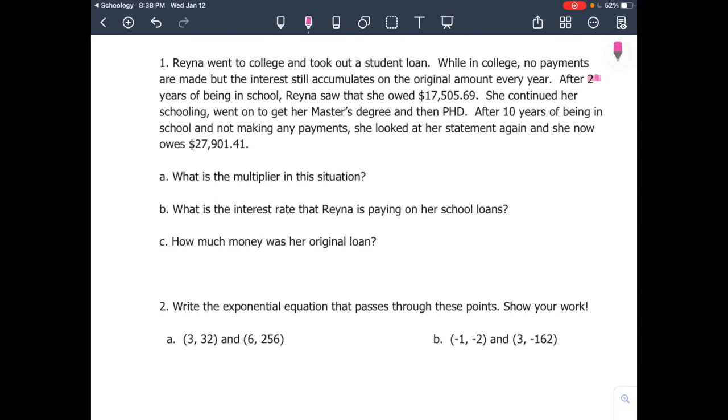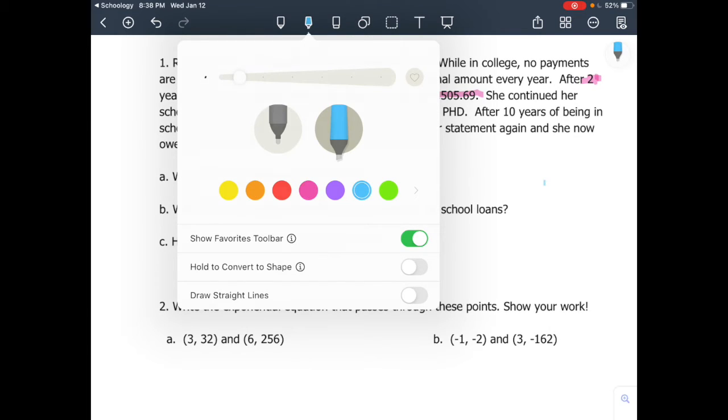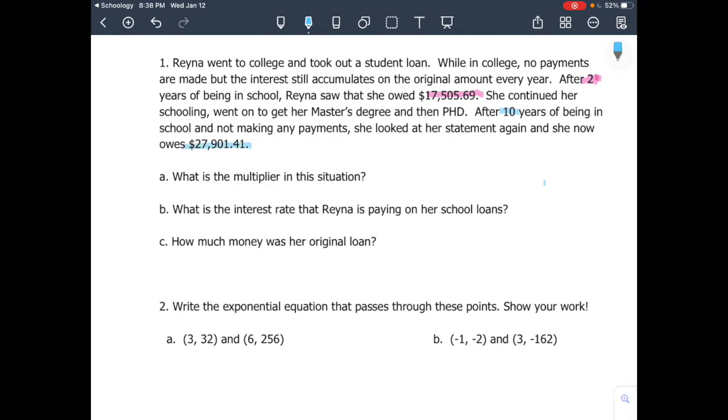So this set of numbers need to be used as one of my points. And then this set of numbers needs to be used as another one of my points. So, and then I think she started, nope, we don't know how much she started with. So we need to know how much she started with at some point.